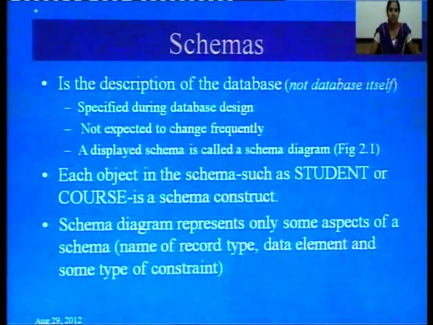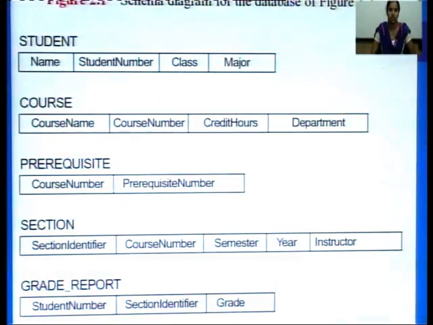It is known as the display schema, means whatever the structure of the table, whatever the columns you have added into the table, this is the database schema. For example, each object in the schema such as student or course is a schema structure. Here you can see the diagram. Here we have four tables. The first is the student table.